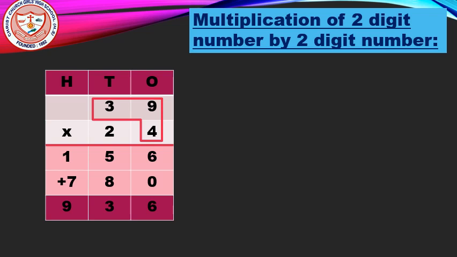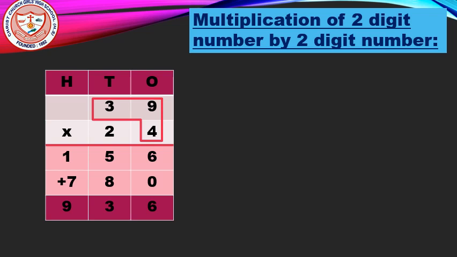So 4 into 9 gives us 36. So we are going to write 6 over here and 3 is carried to the next column, that is tens column. Then 4 3s are 12.